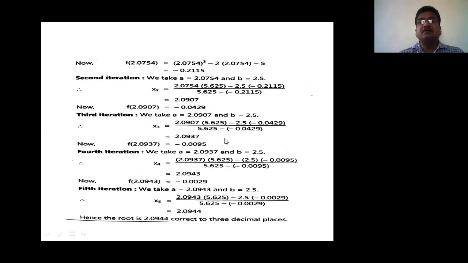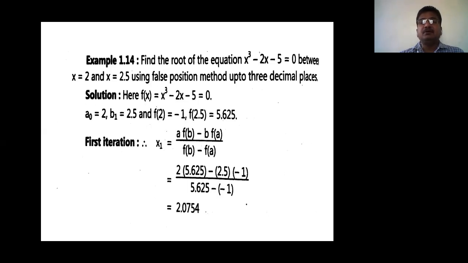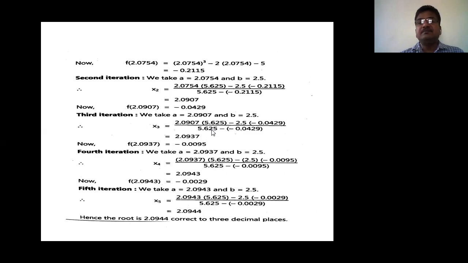And here we have the value negative, and therefore the root lies between this 2.0754 and 2.5. Okay, and so take a as 2.0754 and b as 2.5.